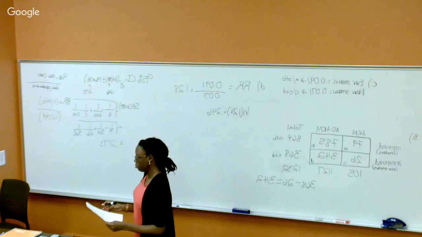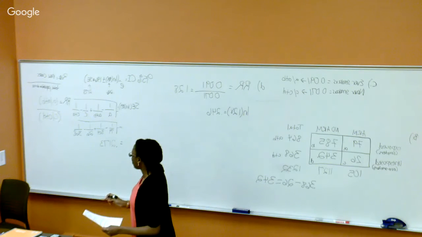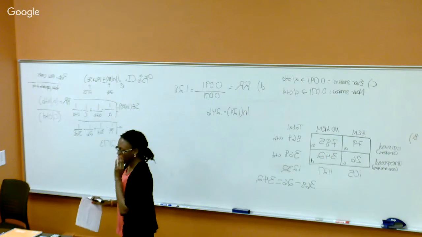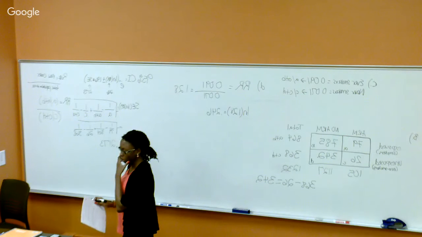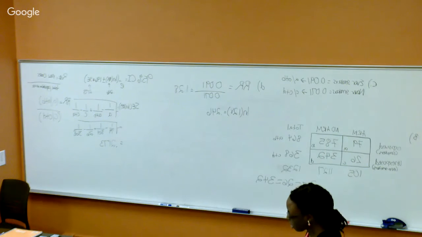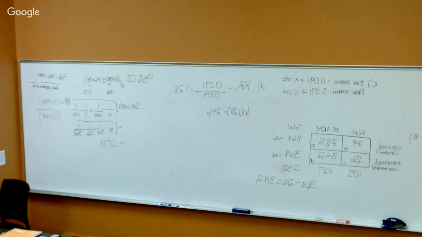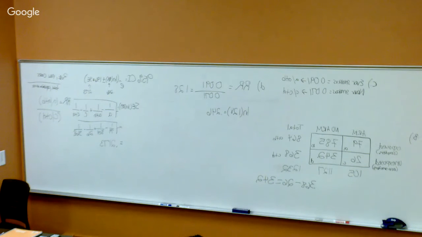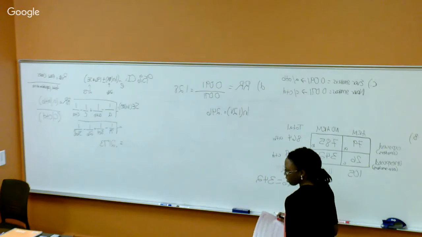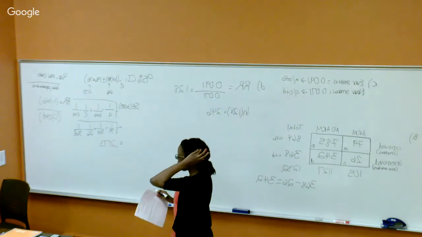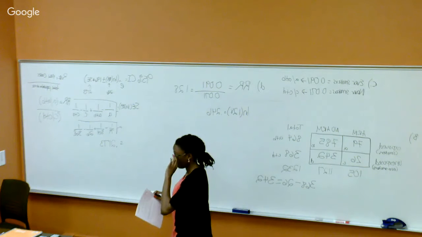I've got 0.0472. Oh, no. Did you square root it? Okay. 0.2172.